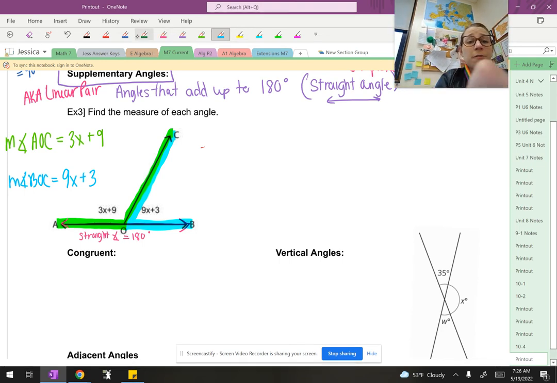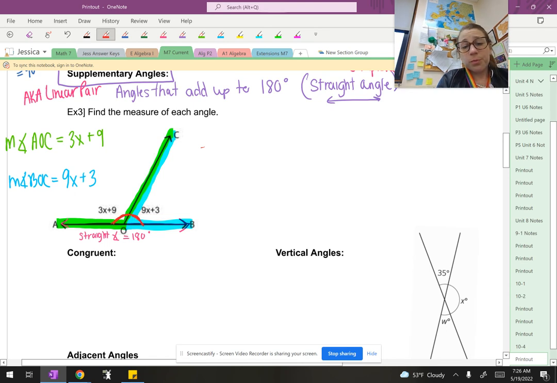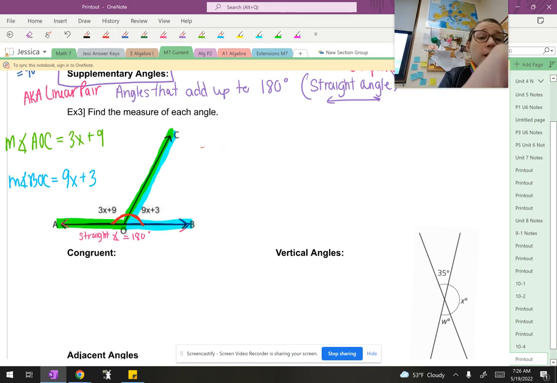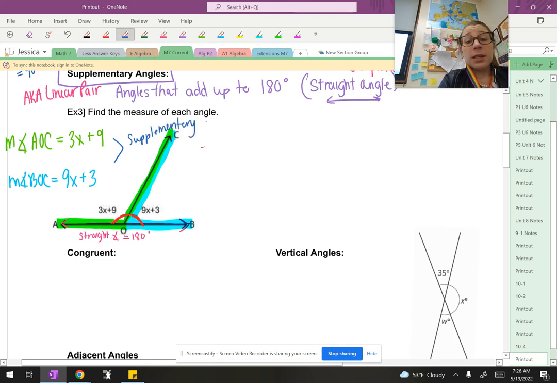Based on the fact that they form that straight angle, based on the fact that if I make the swoopity swoop and then the other swoopity swoop, I'm getting that semicircle, that half circle, that 180 degrees, I know that these angles are supplementary. Meaning they add to 180 degrees.